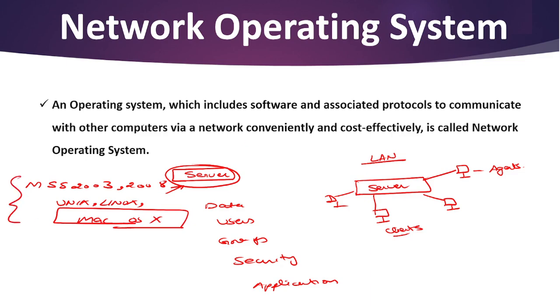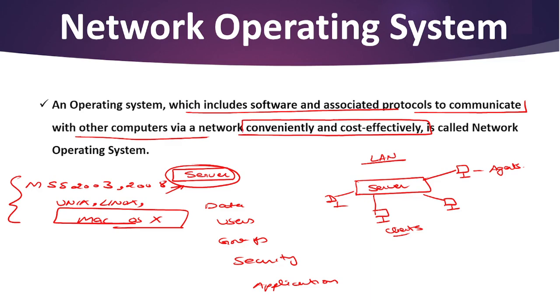It is an operating system which includes software and associated protocols to communicate with other computers via a network conveniently and cost effectively. So a network operating system is a very convenient and very cost effective way to communicate between devices.